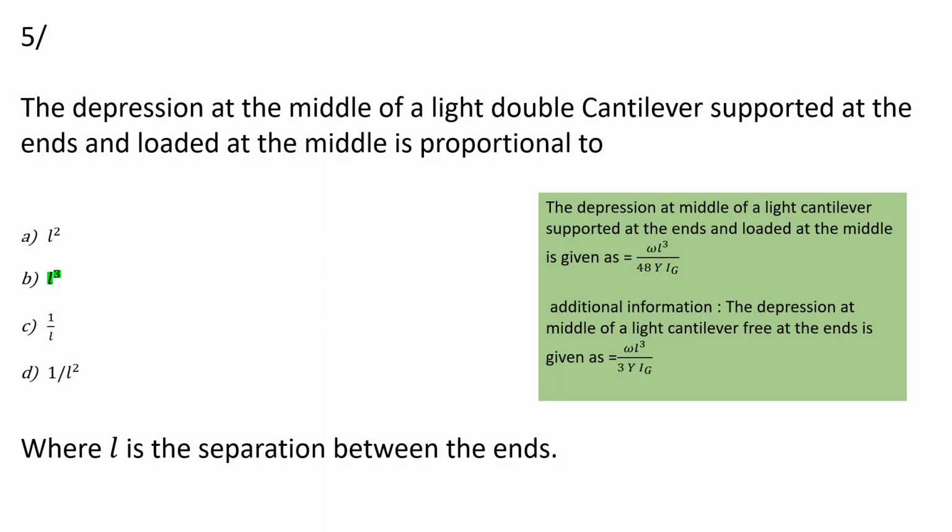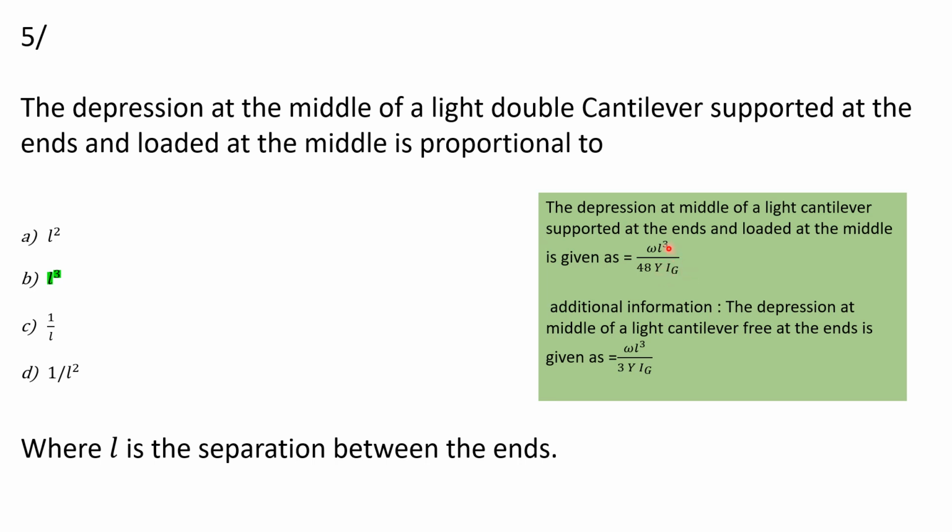Then, the depression at the middle of a light double cantilever supported at the ends and loaded at the middle is proportional to. The options are L square, L cube, 1 by L, 1 by L square, where L is the separation between the ends. We know that when it is supported at the ends and loaded at the middle, the depression is equal to omega L cube by 48 Y I_g.